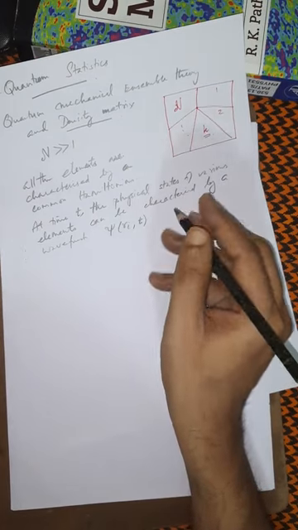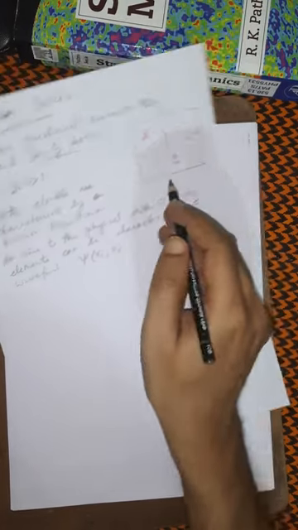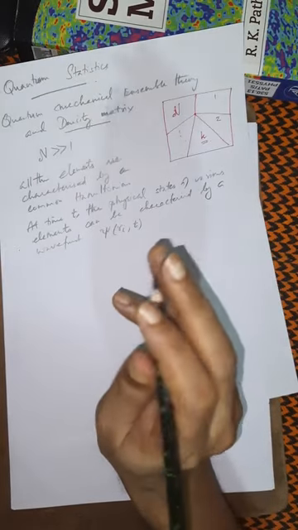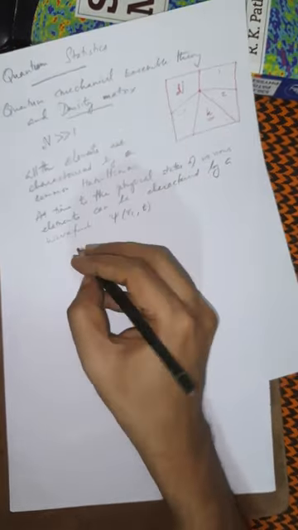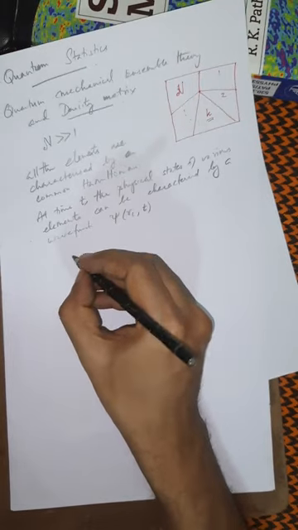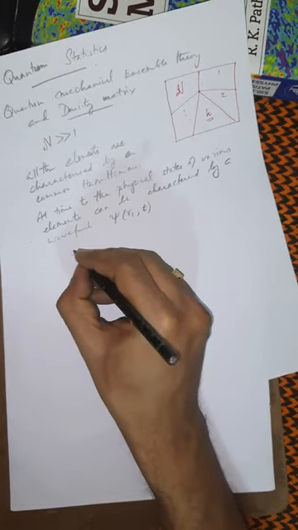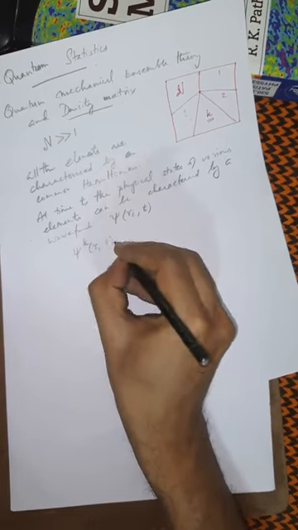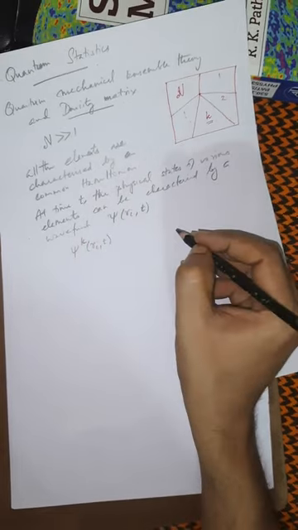So which means that if I talk about this kth microstate or the element, I can write down the wave function corresponding to that as psi_k of r_i, t, right?